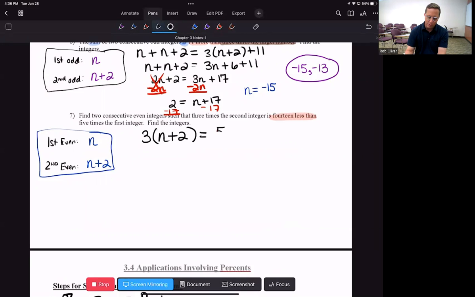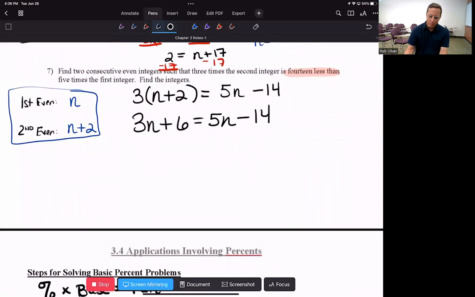So 5 times, well, the first integer is n, and then minus 14 from that. So 5n minus 14 is that part. Like I said, if you just pick these apart and go little by little, these are not so bad. And so now let's clear those parentheses out. We've got 3n plus 6 equals 5n minus 14.